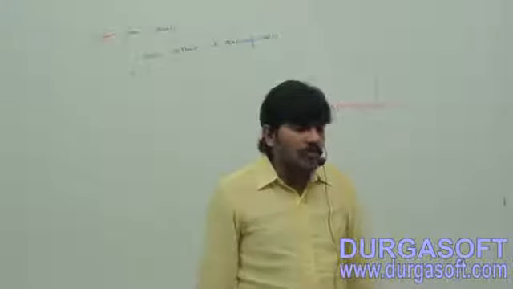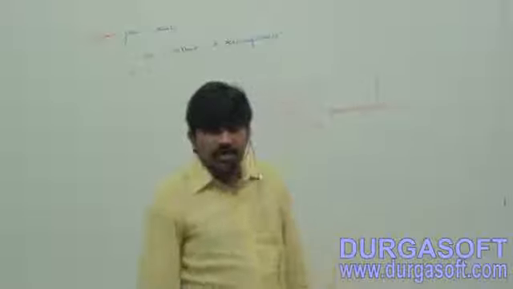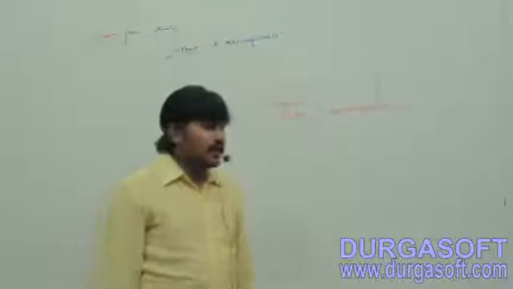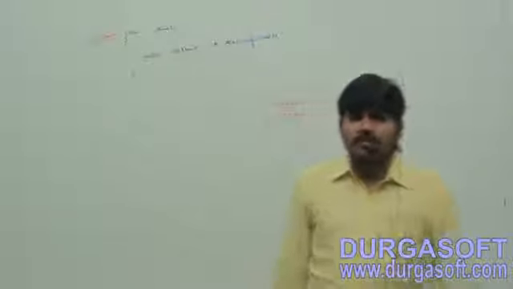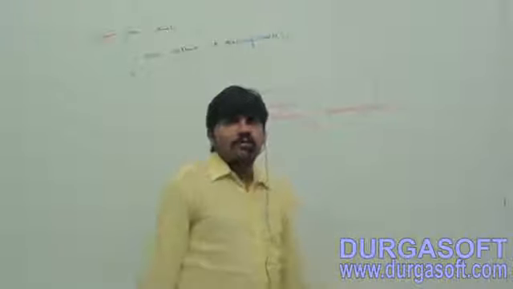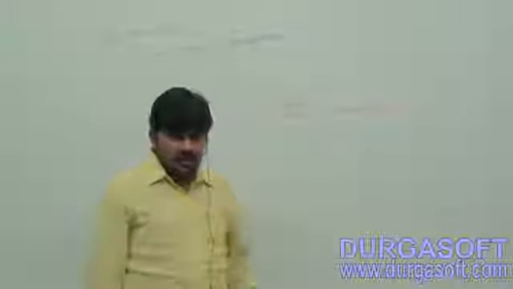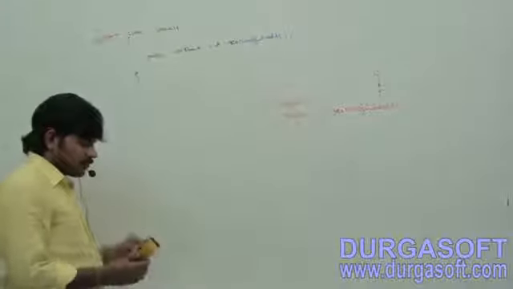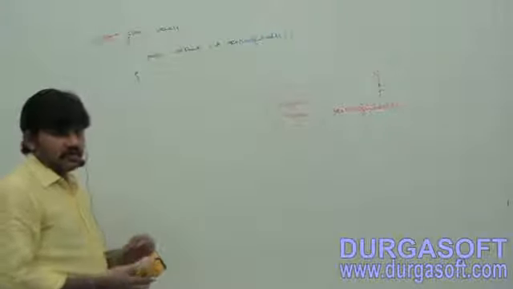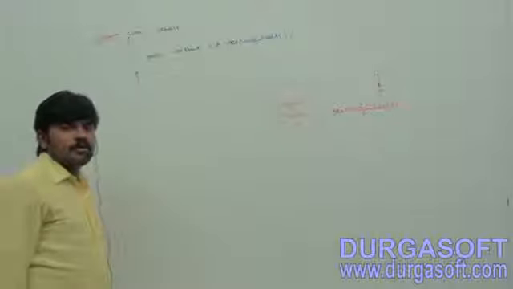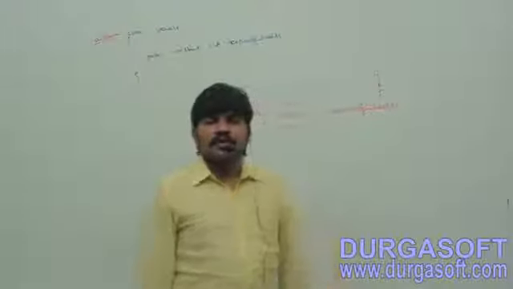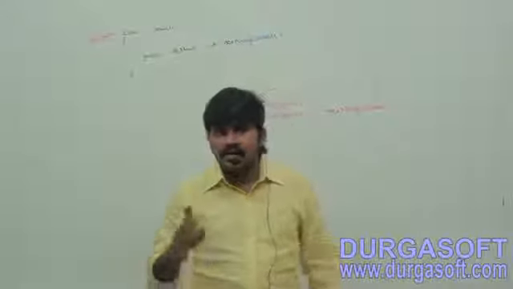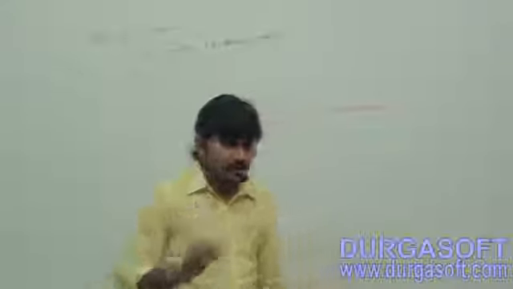To restrict object instantiation, compulsorily we should declare the class as abstract. That's why. So the first point is clear: if a class contains at least one abstract method, then compulsorily we should declare the class as abstract. Clear for all of you, right? Okay, this is the first one.